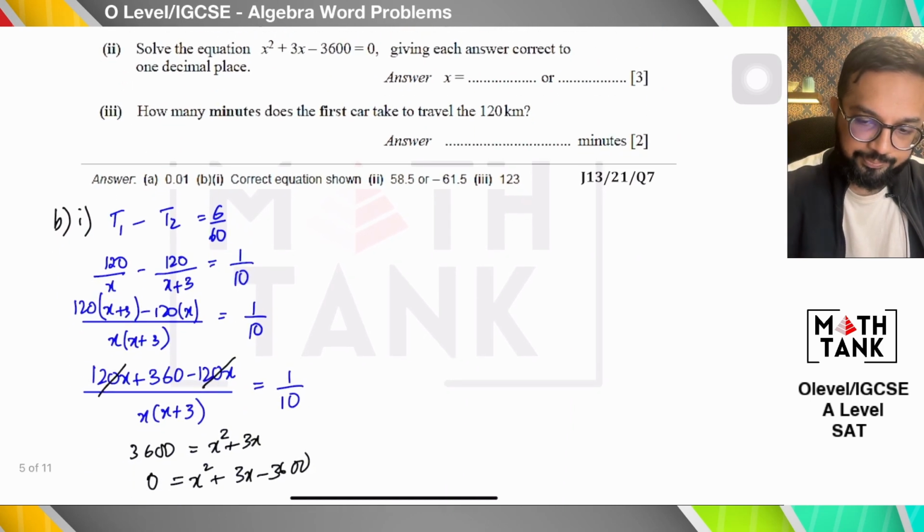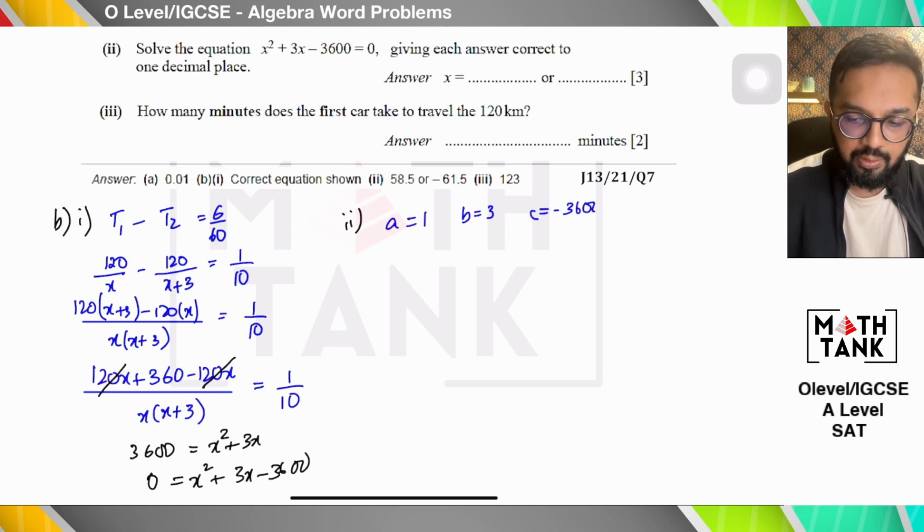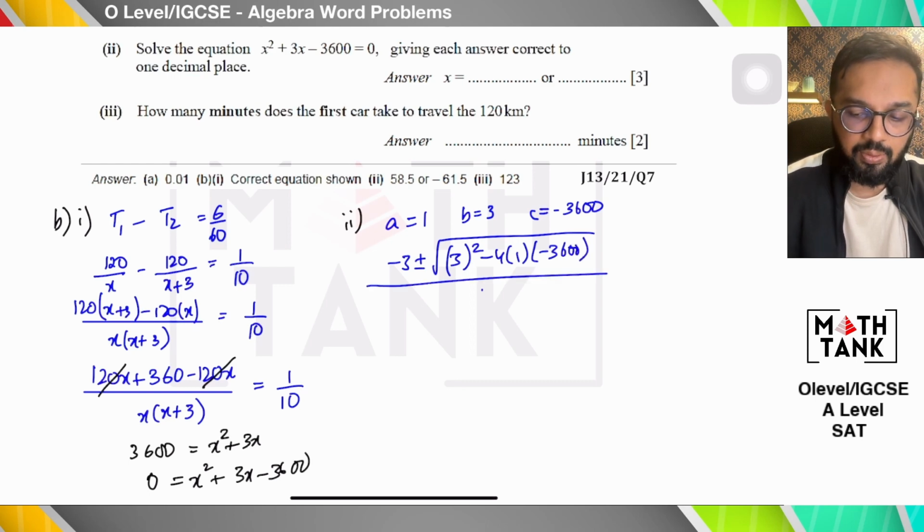Then part 2, solve the equation as before. So A is 1, B is 3, and C is minus 36. So minus B plus minus root of B square minus 4AC, all the way.